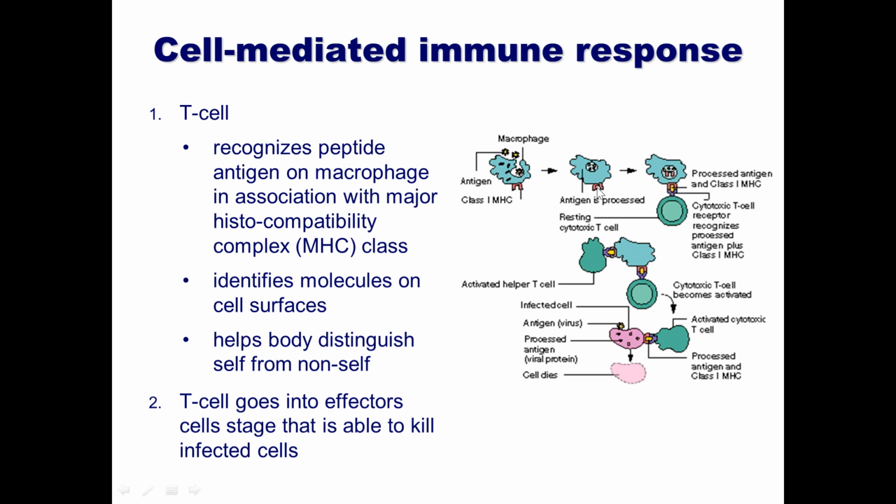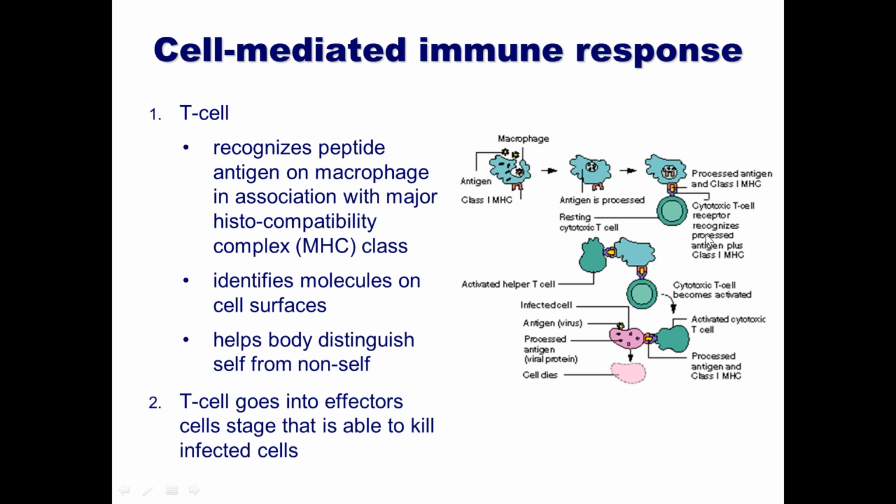First, macrophages having class I MHC recognize the antigen peptide. Is this self or non-self? If it is non-self, the processing takes place. They break down the polypeptides of the antigens. The processed antigen is recognized by TC cells.